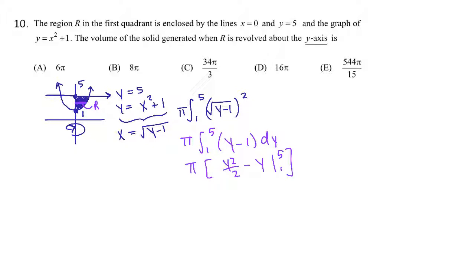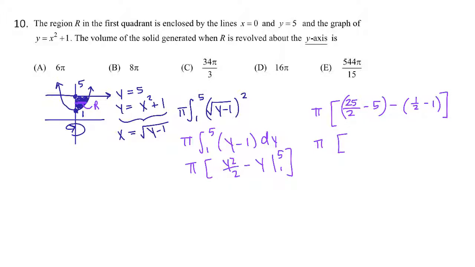And so we have pi times. If we substitute in 5, we're going to have 25 over 2 minus 5. So there's our top endpoint minus the bottom endpoint. So the bottom, if I substitute in 1, we're going to have 1/2 minus 1. And so we have to keep going with this.